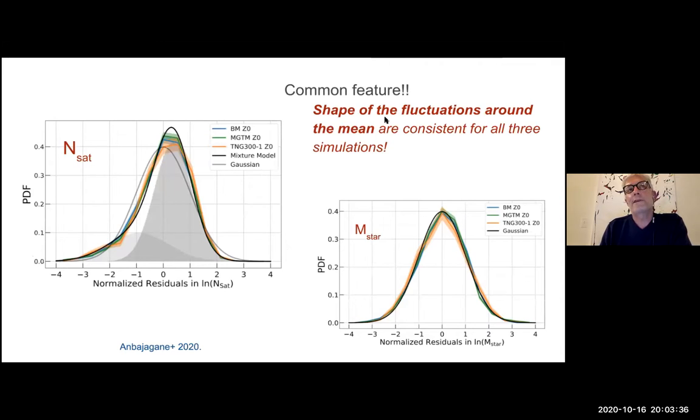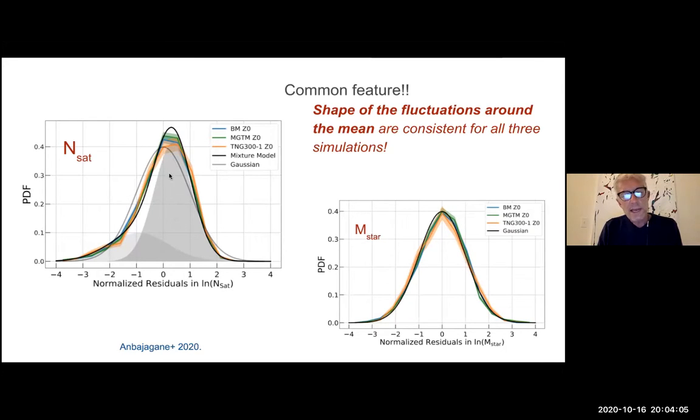This is kind of very subtle, but it's saying that when you look at the deviations and you normalize them by the standard deviation at that mass scale, and then you collect them all up and look at the likelihood of deviating from the mean behavior, here's what the likelihood is. The different colors are coming from the different simulations. Our best fit is this black line. And then just an underlying simple Gaussian is this gray line.